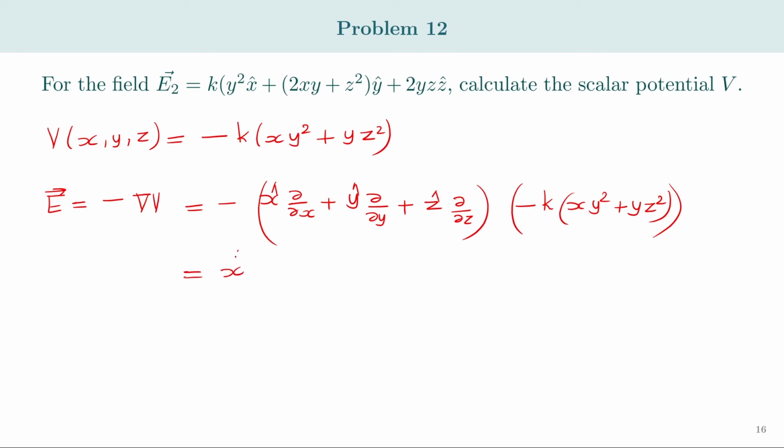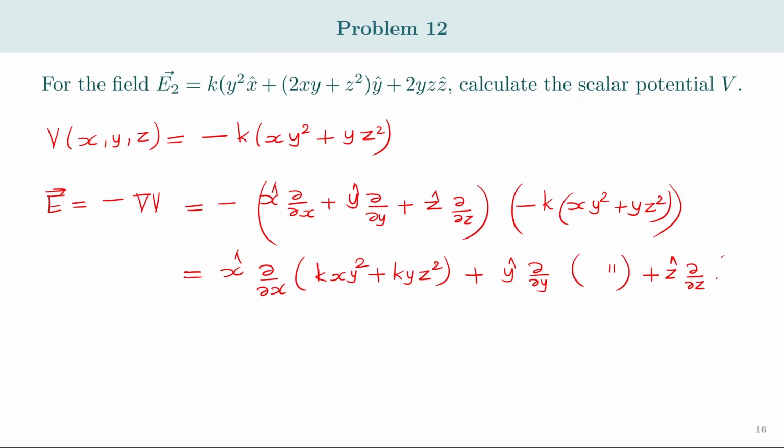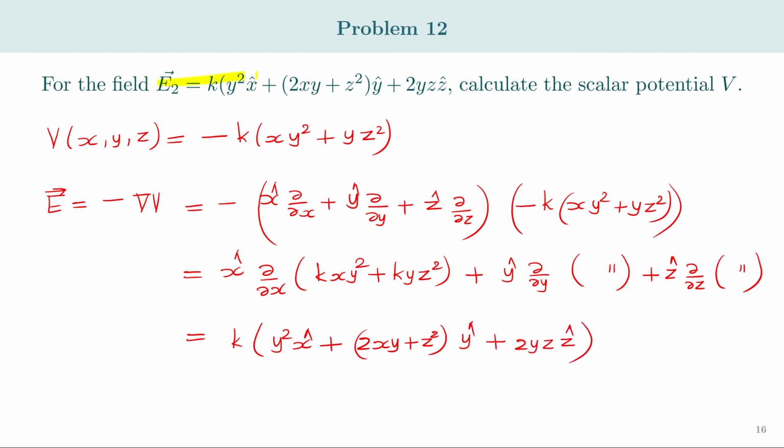And this is equal to x hat ∂/∂x of (k x y² + k y z²) plus y hat ∂/∂y of the same term, and then z hat ∂/∂z of the same term. And when we calculate this, it will be equal to k times (y² x hat + (2xy + z²) y hat + 2yz z hat), which is our starting point.